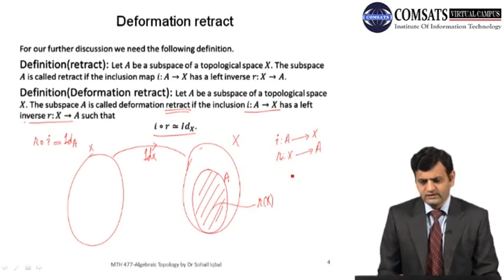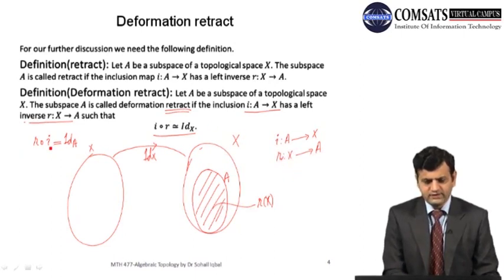So in other words, if you look at the condition of the retract, it says that when you apply I first and you realize, so I'm using the word realize to say that this A is included in X, but as we have seen in our example of R1 contained in R2, this inclusion might not be exactly the identity. So that's why we are using this map I. So we have this map I from A to X, and this A is a retract of X if there exists R from X to A such that this composition is identity.